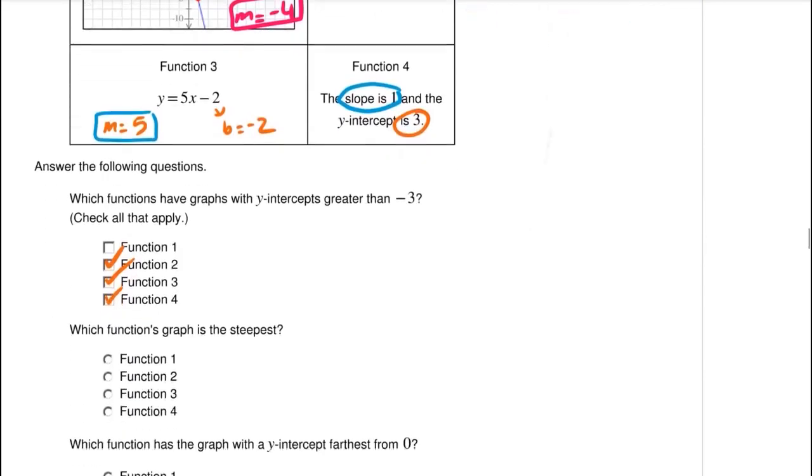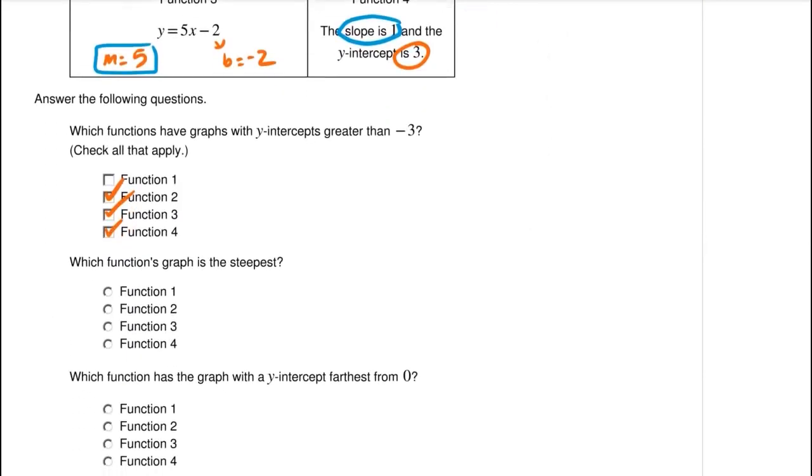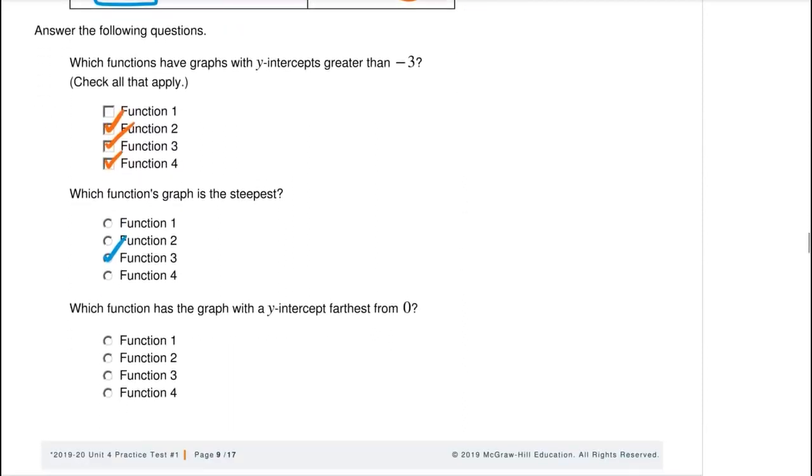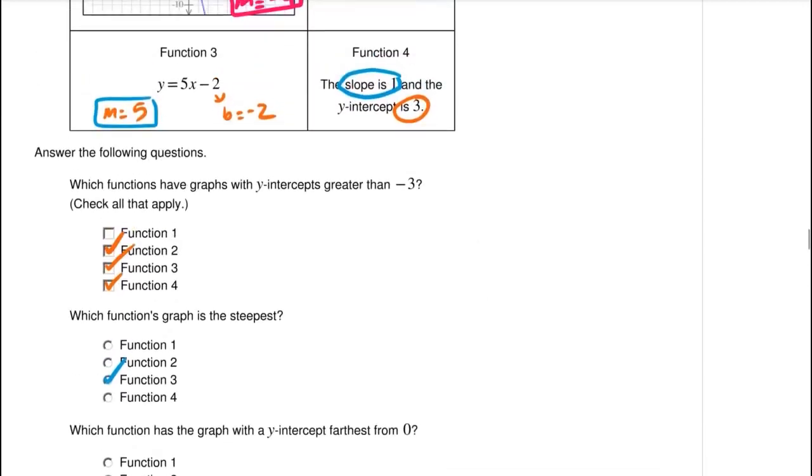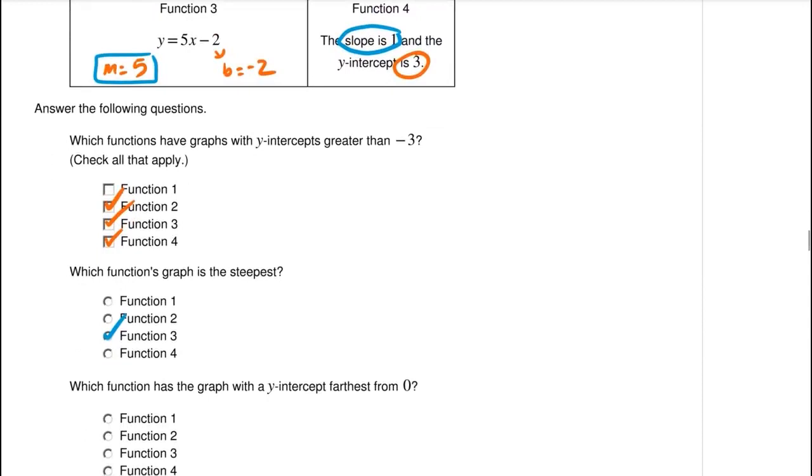So the steepest function is function 3. Okay, last question for this part: which function has the graph with the y-intercept farthest away from 0? Ooh, this is tricky.